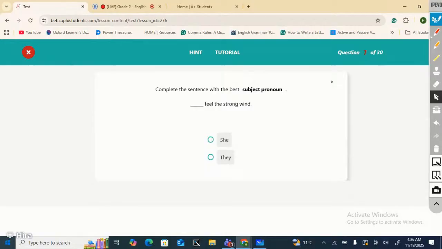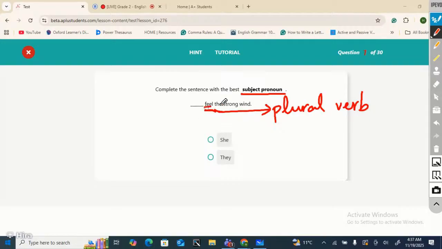Complete the sentence with the best subject pronoun. Okay, if you have to find subject pronoun, look at this verb. Feel. Feel is a verb in this sentence. What kind of verb? Does it end in s or es? No. It means feel is a plural verb. If the verb is plural, the subject pronoun should also be plural.